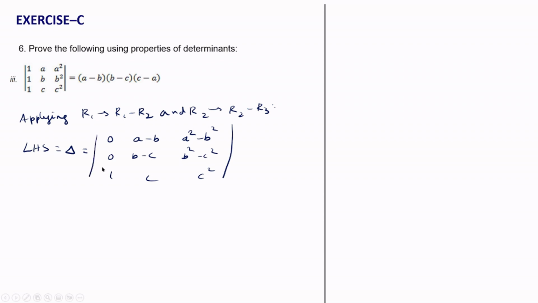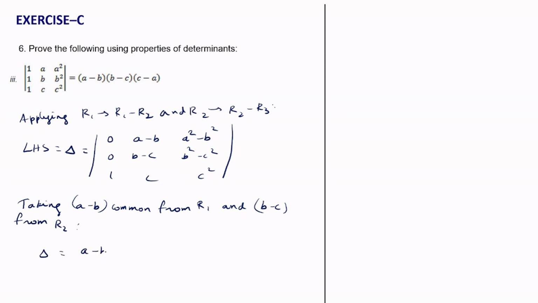So here we can see that a minus b is common in R1 and b minus c is common in R2, which can be taken outside. Taking a minus b common from R1 and b minus c common from R2, delta becomes a minus b into b minus c into the determinant with 0, 1, a square minus b square, which you can write as a minus b into a plus b.